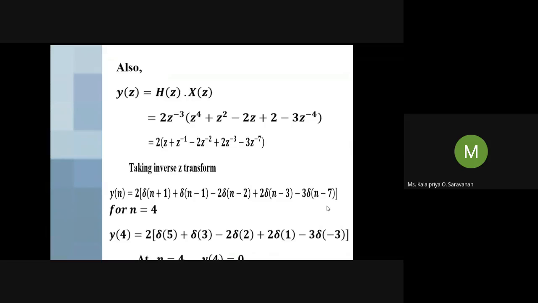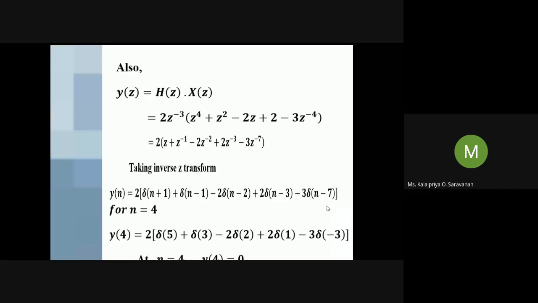So every time you will have to make sure you memorize these standard formulas by heart, so that we need not sit and waste time thinking about what we will have to do. Just apply the formula, get its z transform or get its inverse z transform.